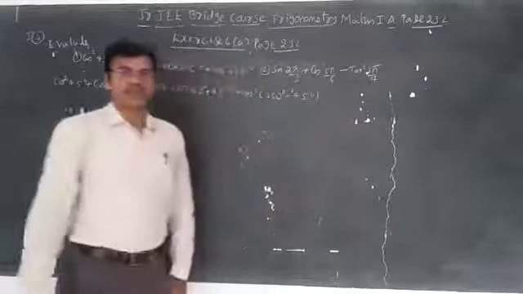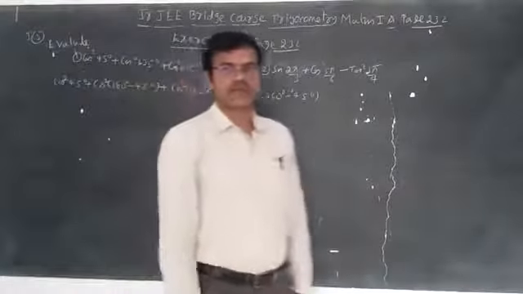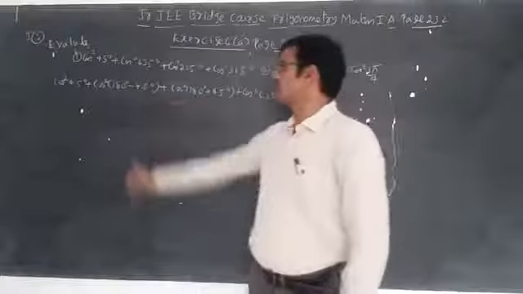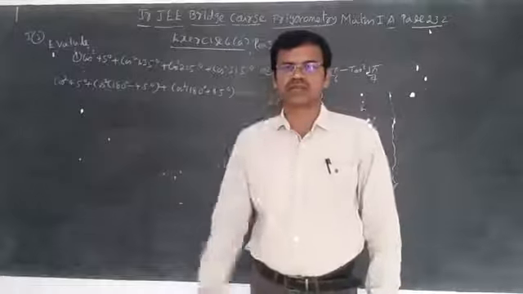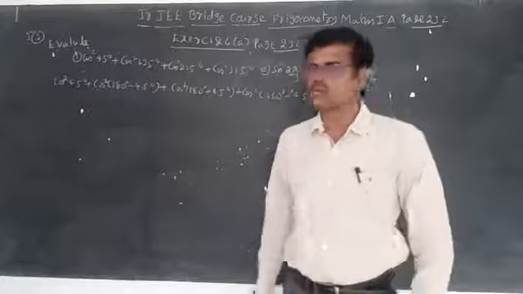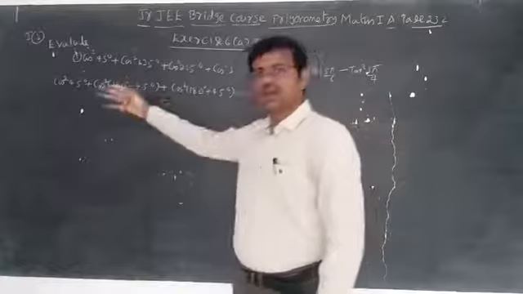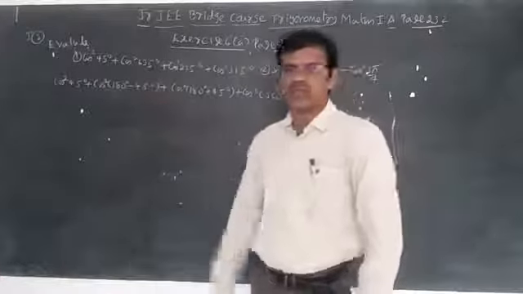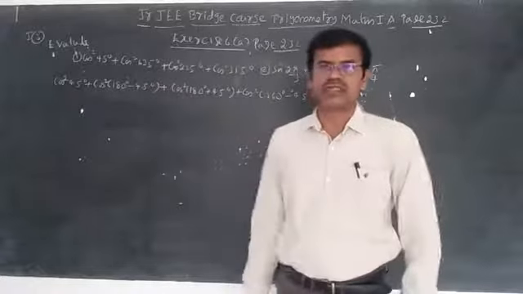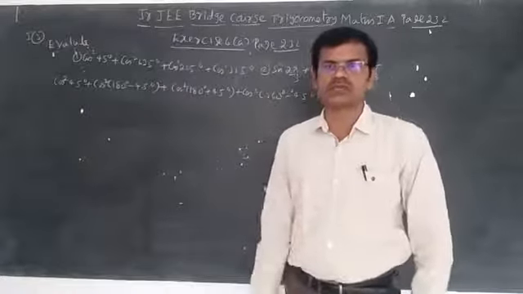One thing you can understand, cos square is there for everything. Cos 180 minus theta becomes minus cos theta. Even though minus is there, if you are squaring the value, you will get the positive value, because minus 1 whole square is 1, it is positive.